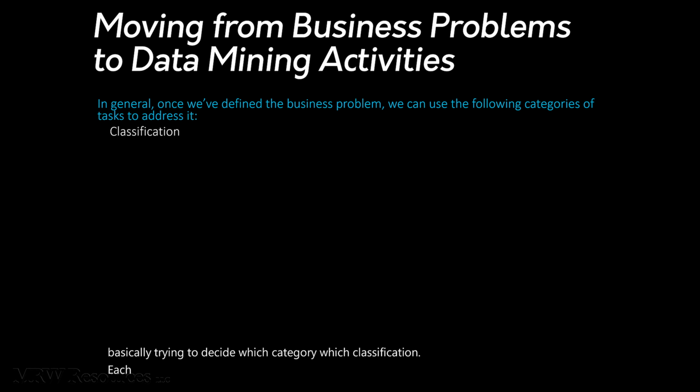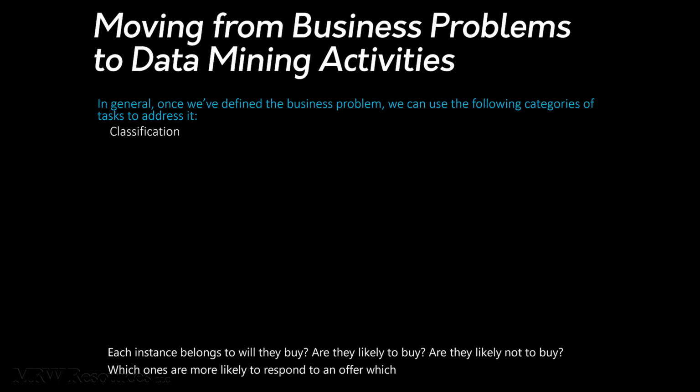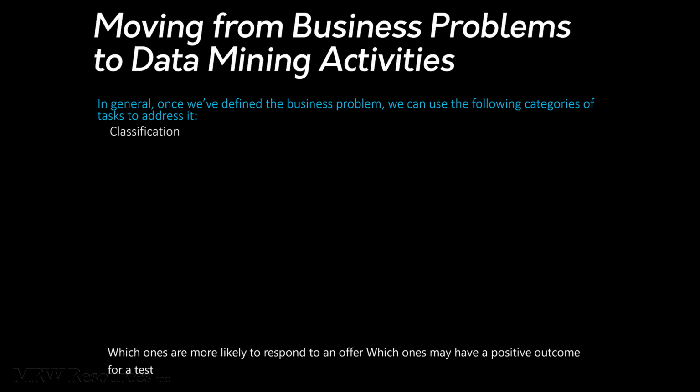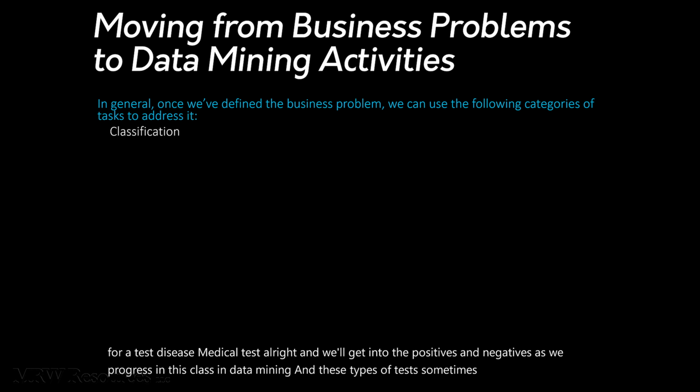Will they buy? Are they likely to buy? Are they likely not to buy? Which ones are more likely to respond to an offer? Which ones may have a positive outcome for a medical test? We'll get into the positives and negatives as we progress in this class. In data mining and these types of tests, sometimes a positive outcome isn't what we're looking for.